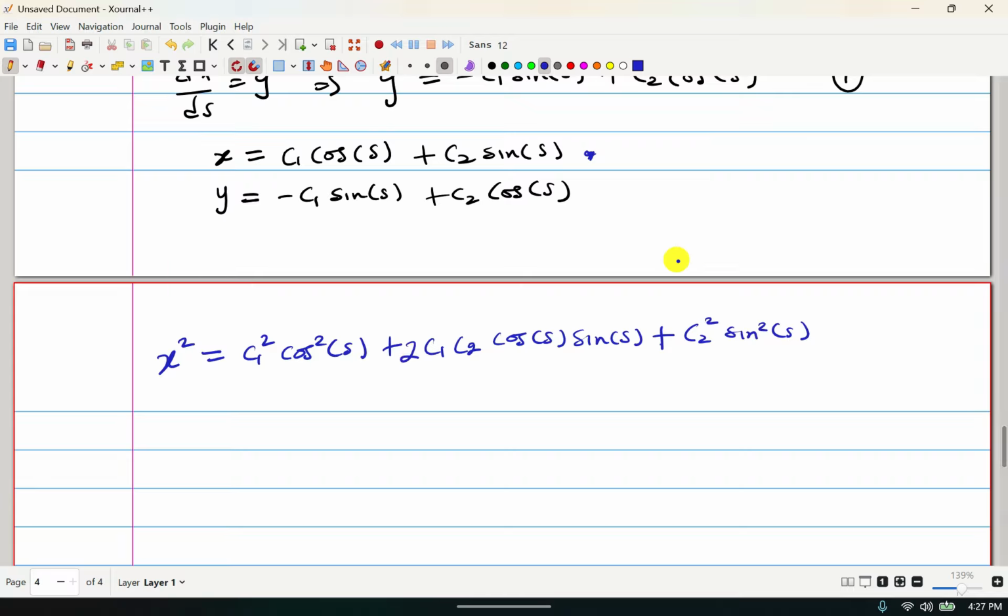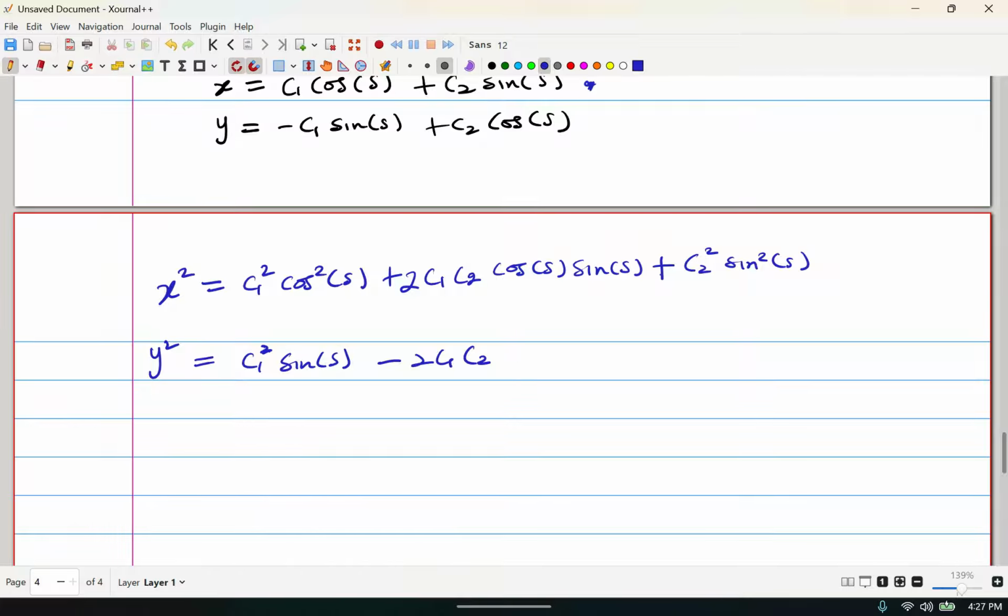I think you have to get two of them, right? So two of that. And y squared will be equal to c1 squared sine squared of s minus 2 c1 c2 cosine of s sine of s plus c2 squared cosine squared of s.